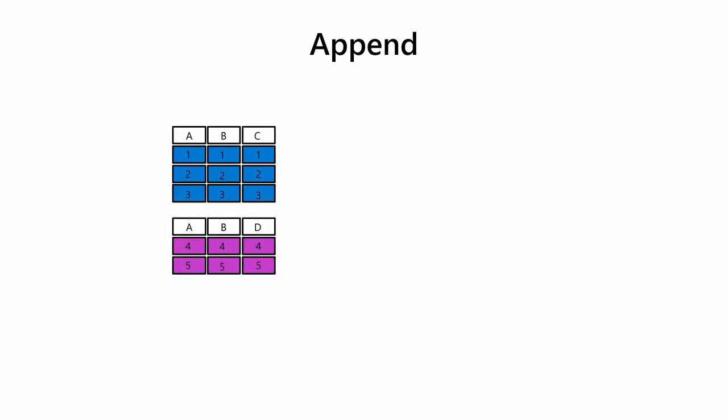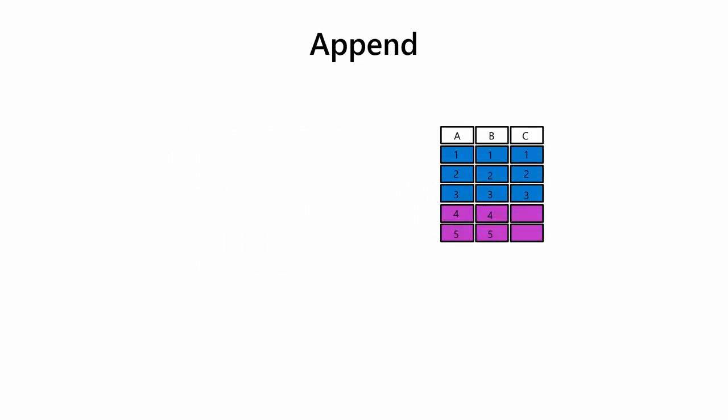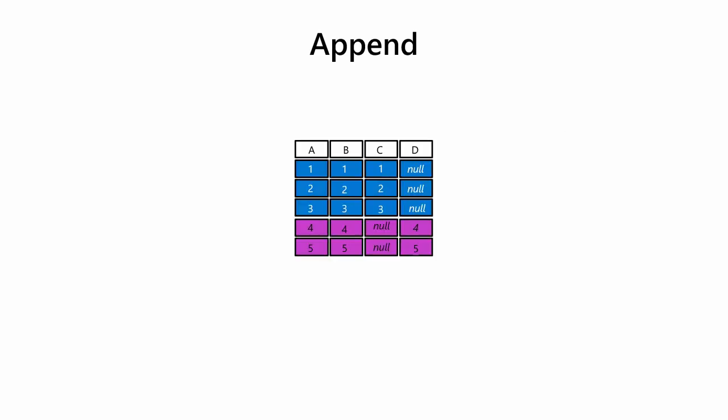If you don't have an equal number of columns or have different column names, the extra columns will be added to the far right of the query, preserving their values in the originating query and setting null values for the matching new query. In this example, columns A and B are common columns in both data sets. Columns C and D are unique and added to the right of the merged list.